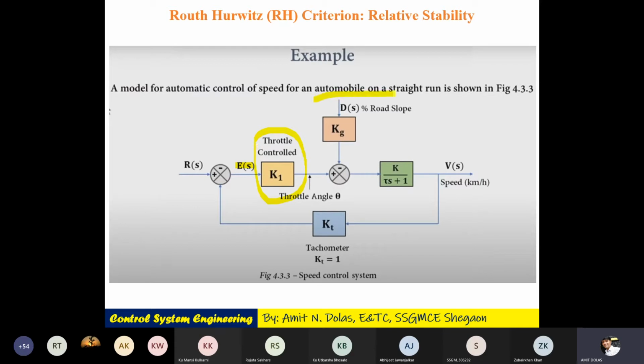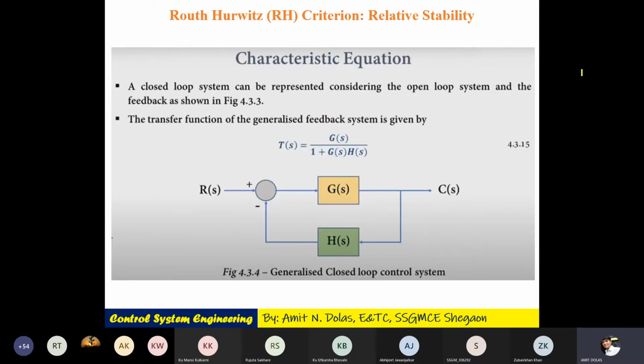So whatever were the road disturbances are now compensated by taking feedback and controlling it with the help of error. And of course, your speed will be constant at 50 kmph. So this is again the example of closed loop system along with error, disturbances and feedback.